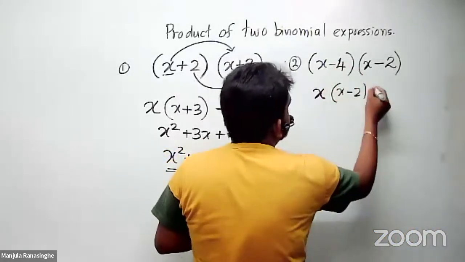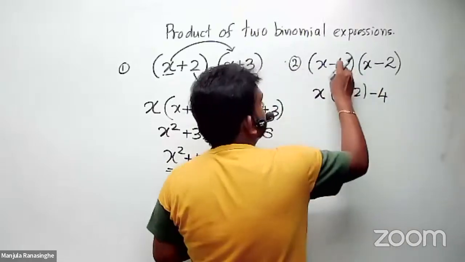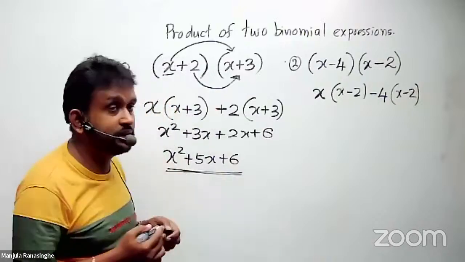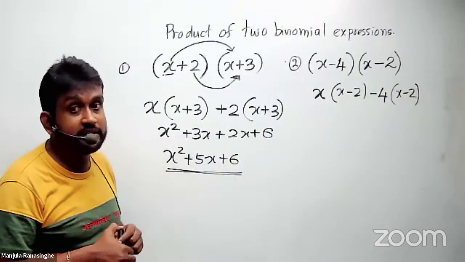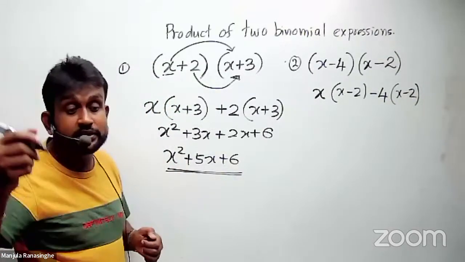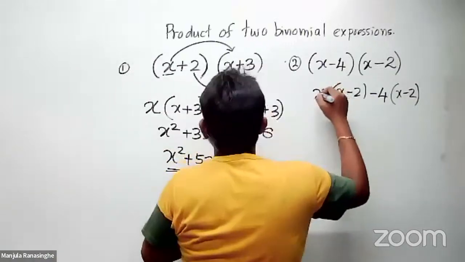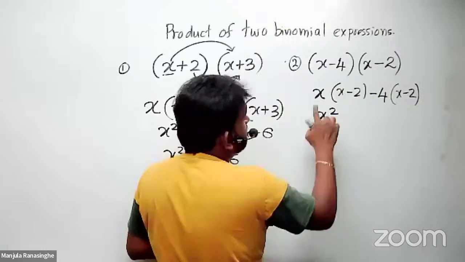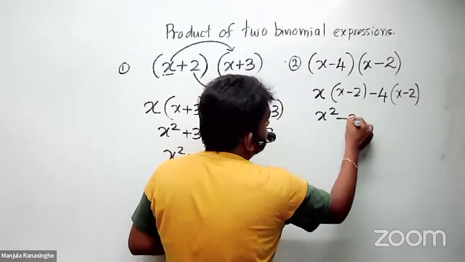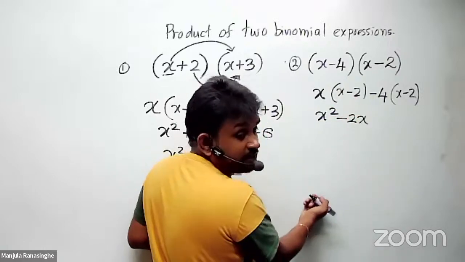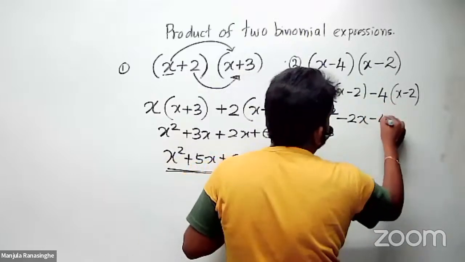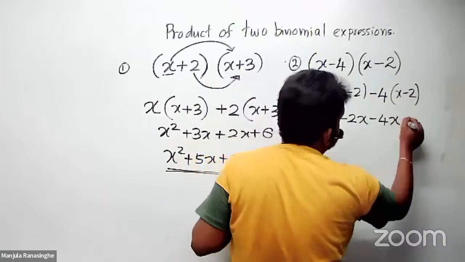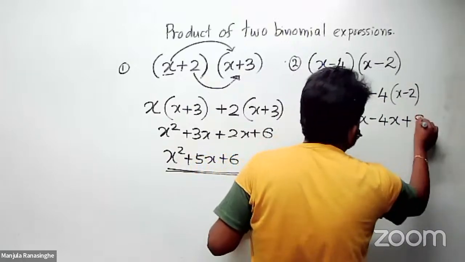Then I take the negative 4 and I multiply it by x minus 2. Now remove the brackets individually. X into x becomes x squared, then x into minus 2 is minus 2x, then minus 4 into x is minus 4x. Be careful: minus into minus is plus, 4 into 2 is 8.